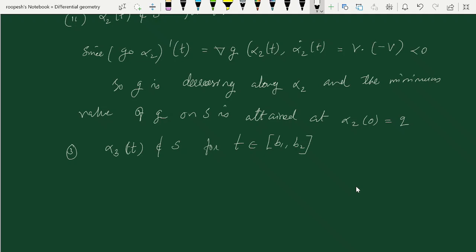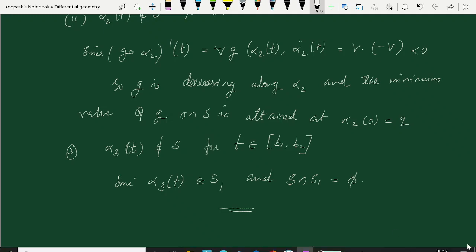So since alpha 3 of t belongs to S1, what we are getting is S intersection S1 is equal to empty. So thus this alpha satisfies all the conditions of our required curve.